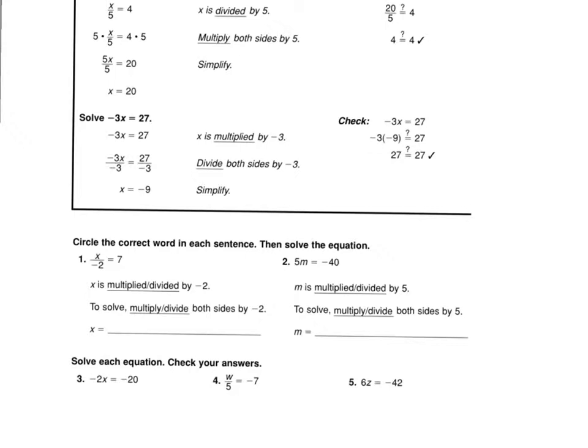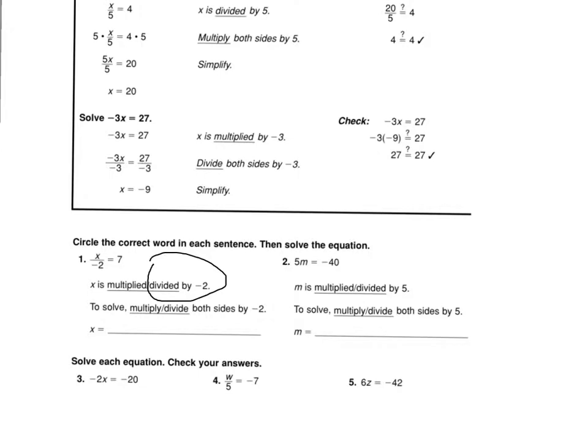So we see x and we're wondering what is going on with x. Is it being multiplied or divided by 2? Well, it's in the denominator, so it is divided by negative 2.